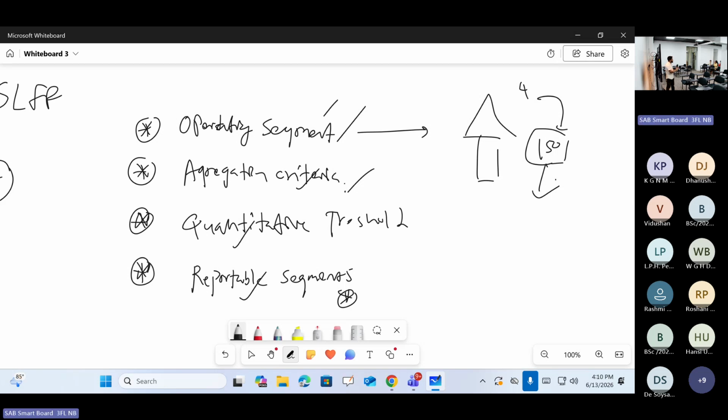One segment is tire production, one segment is ice cream production. You can't merge that. Why? Two different products, two different customers, two different supply chains. To aggregate, it should be a similar nature, similar production chain, similar type of customers. If it is so, you can aggregate.